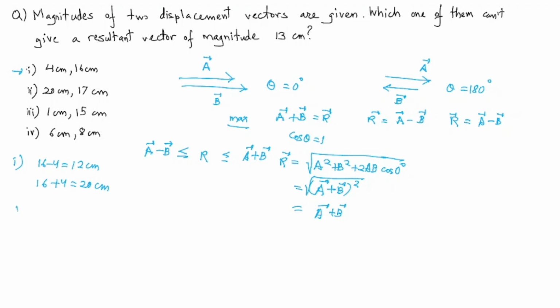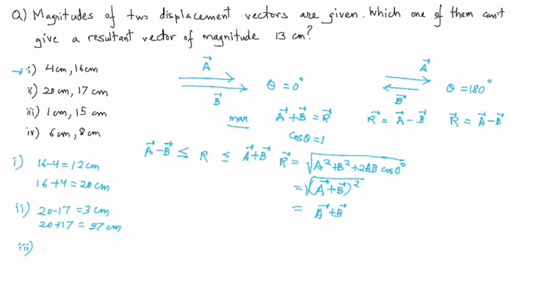Similarly for the second pair, 20 minus 17 is 3 cm and 20 plus 17 is 37 cm. Again this also can give the resultant vector of magnitude 13 centimeter, because it is in the range between minimum and maximum.